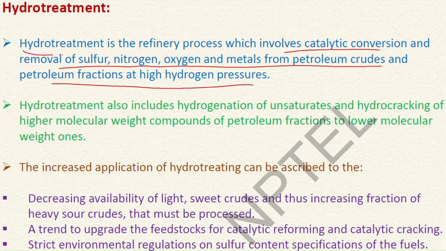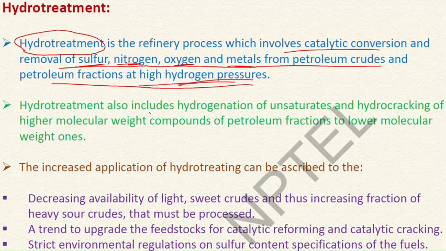This hydro treatment we have studied in all the previous lectures, that the crude oil is hydro treated. So what is this hydro treatment? It is basically a procedure to remove this sulfur, nitrogen, and oxygen and traces of metal from this petroleum crude by hydrogenation procedure by using high hydrogen pressure.